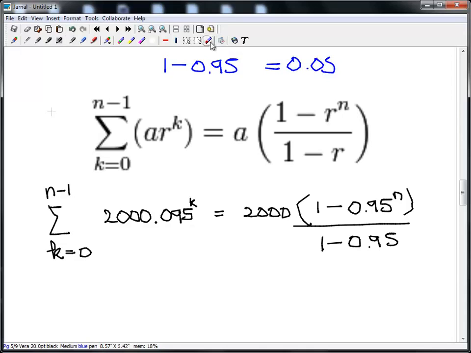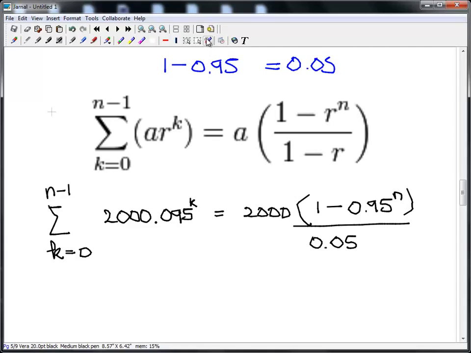Okay, so just for the sake of space, let's replace that temporarily with 0.05. Now we're dividing 2,000 by 0.05, and if you just work that out in your calculator, that actually works out to be 40,000.